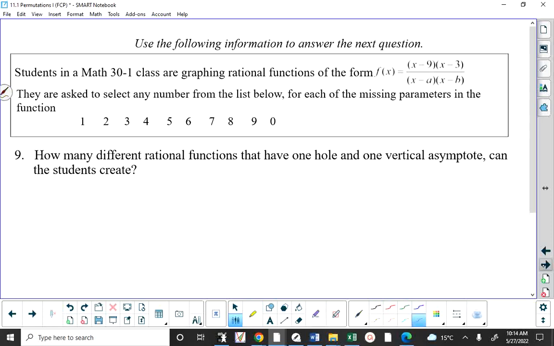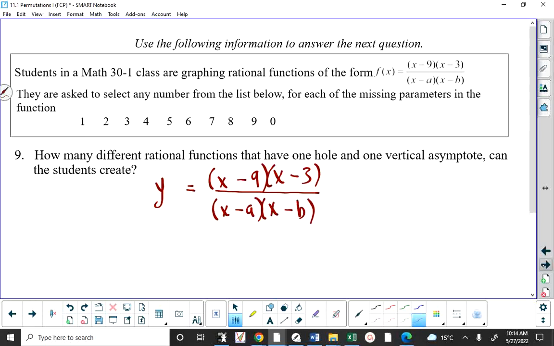If I have this function, y equals x minus 9, x minus 3, over x minus a, x minus b. If I have one hole and one asymptote, the hole can be at 9, or the hole can be at 3. Because a hole results from having a factor that cancels on the top and the bottom.